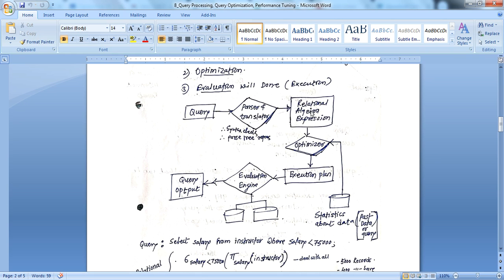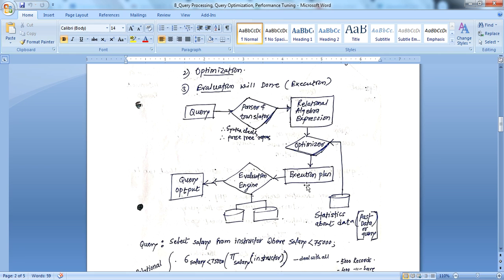Now it goes to the optimization decision. With the help of statistics about the data, meaning previous information or past data or queries, it takes a decision about whether and how optimization is done.